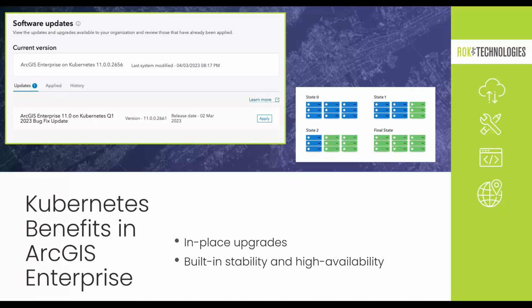So we're all familiar with the significant effort that goes into upgrading existing systems to take advantage of new Esri releases. We previously might have to set aside our weekends and schedule some downtime to do these major upgrades to our services and our servers.